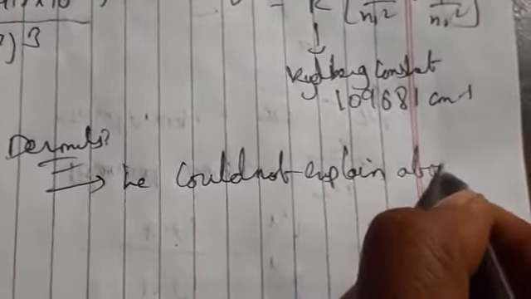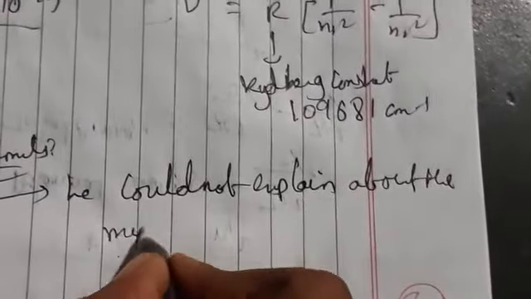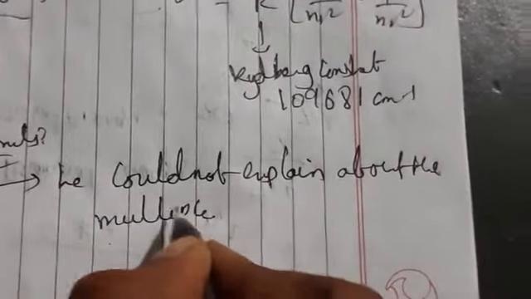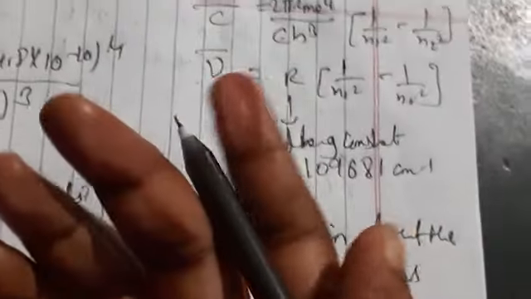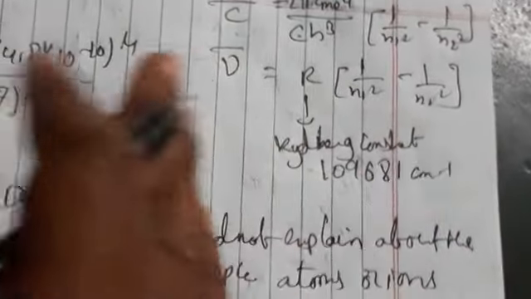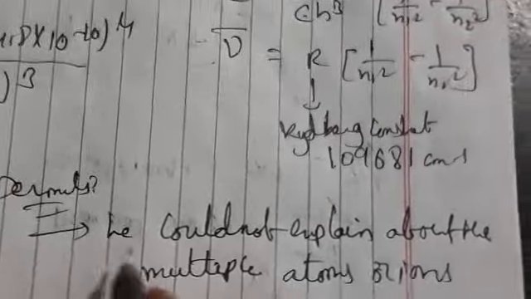Multiple atoms or ions. He can explain only one atom or one ion. That's all. He cannot explain the remaining atoms, and also he cannot explain the spectral lines in the line spectrum.